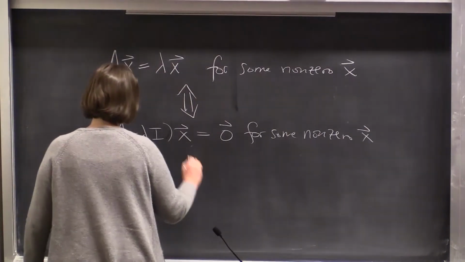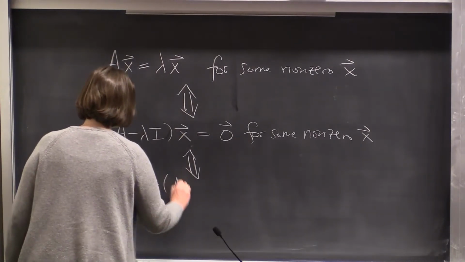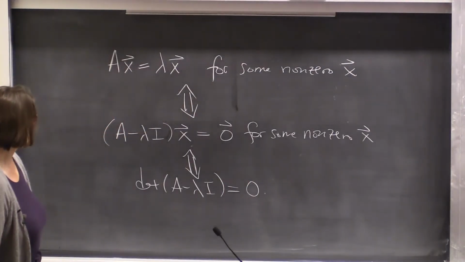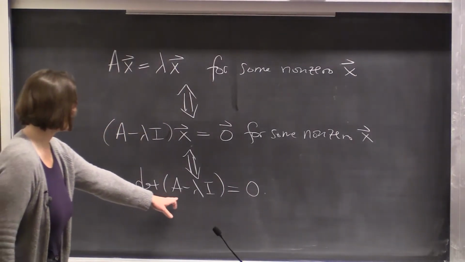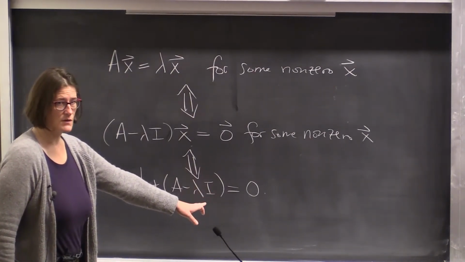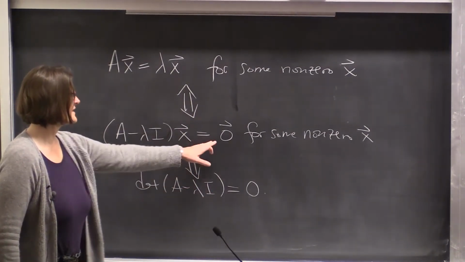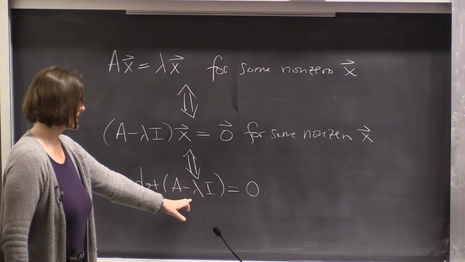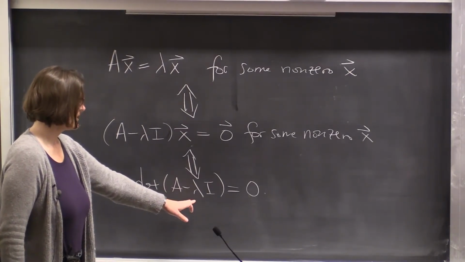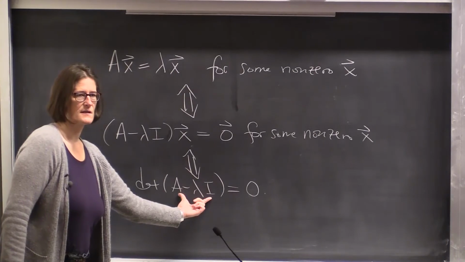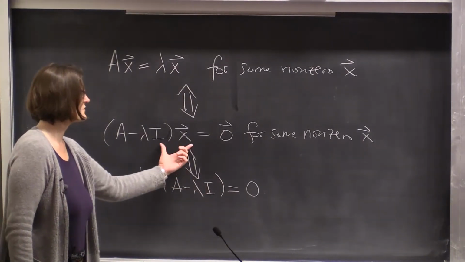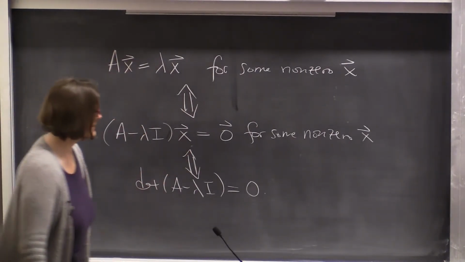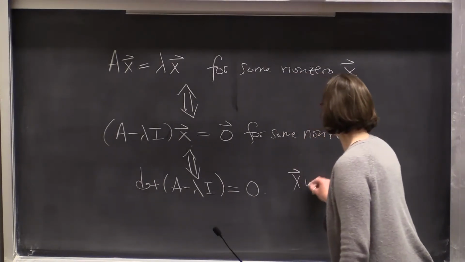And that is the same thing as the determinant of A minus lambda times the identity equals 0. Because if the determinant of A minus lambda times the identity is non-zero, the only solution will be x is the zero vector. If the determinant is 0, that means the matrix inside is singular. That means there will be non-trivial solutions. So what this allowed us to realize is x is gone.